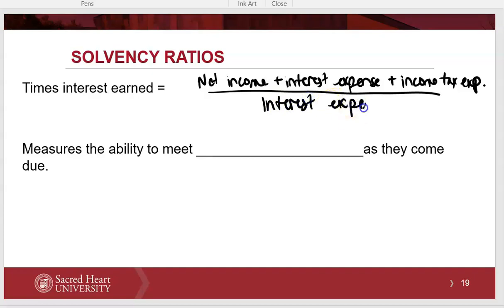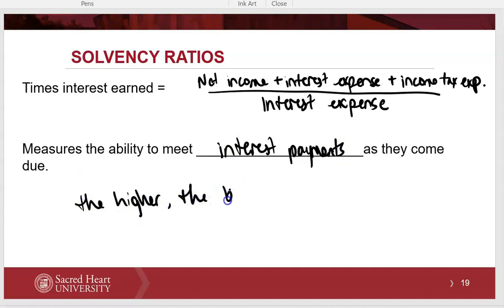And what we're saying is your income before interest and taxes was how many times greater than interest expense? And this gives the lender an indication of the borrower's ability to repay that interest expense. So we have here measures the ability to meet interest payments as they become due. And of course, the higher the better. Or the higher the times interest earned, the lower the risk.